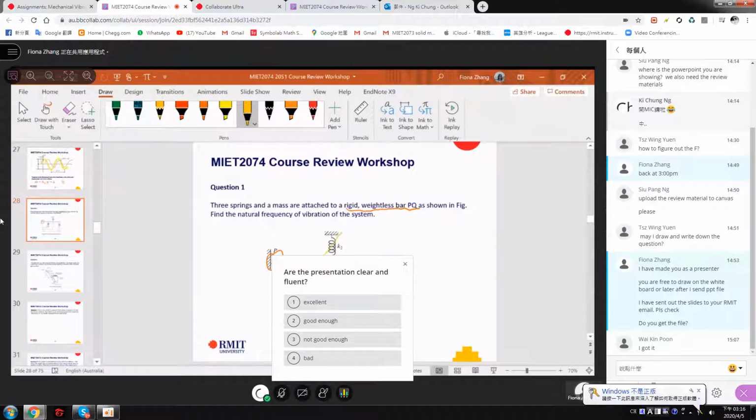So we use one spring to express this. This is a pin support. So actually we will have a K equivalent, K1-2 equivalent, to replace K1 and K2, and then we will have K3 and the mass.